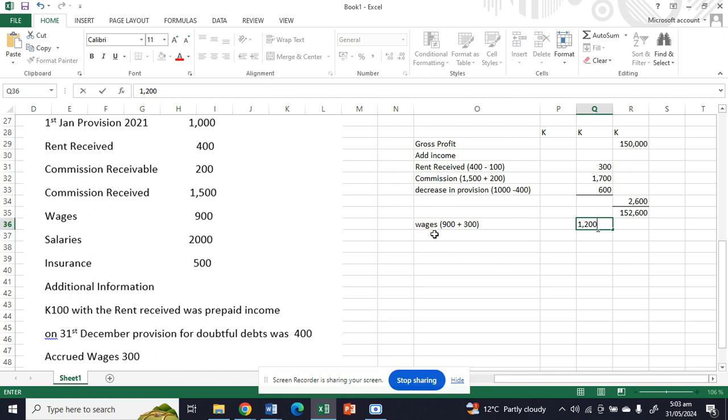Then salaries, our next expense, 2,000. And then finally insurance.